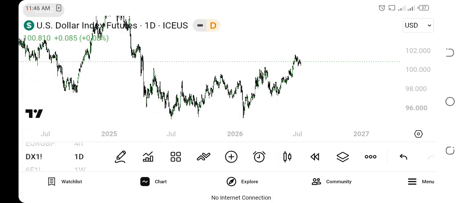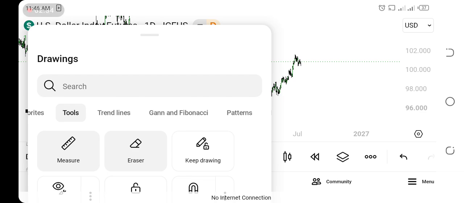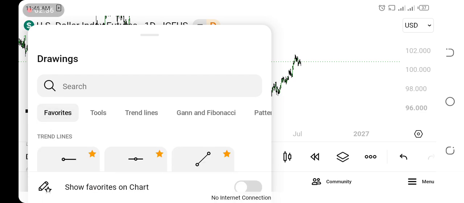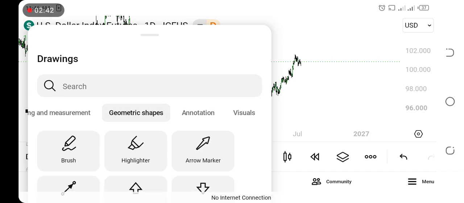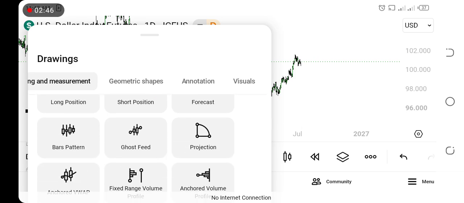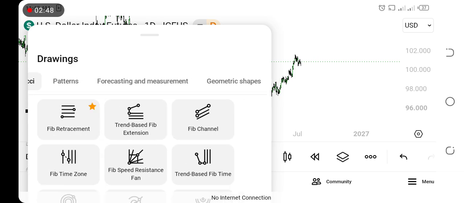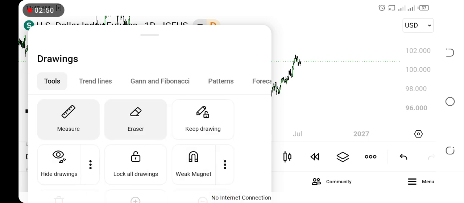Let me quickly put my cursor in demonstration mode so that you can see what we're doing. I don't think, oh, it's probably only on laptop.